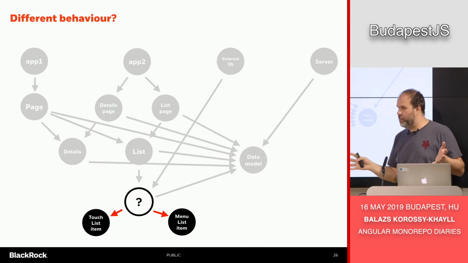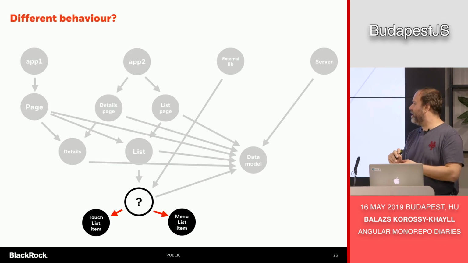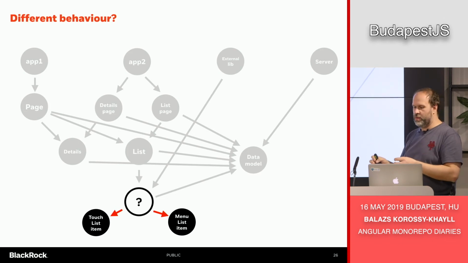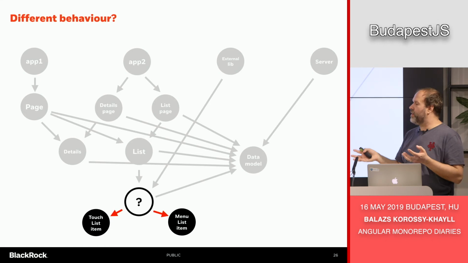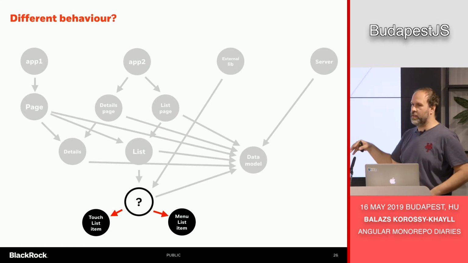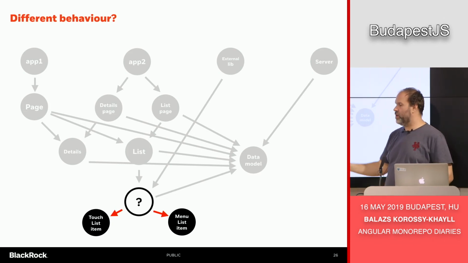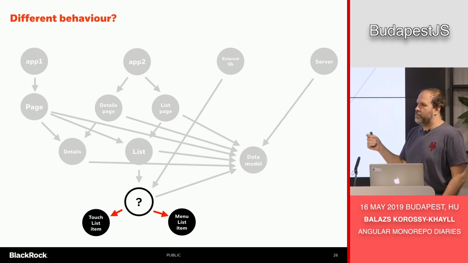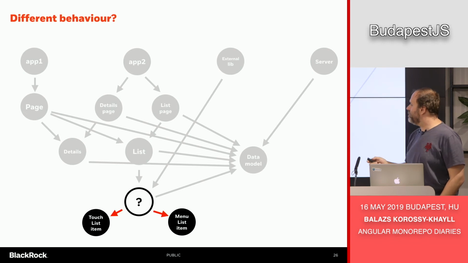You end up with one component that does multiple things, but some of them don't belong to that device. Plus, you might end up with unnecessary dependencies that are going to be bundled with your application. For example, we're using Hammer.js to handle the touch gestures, and that is unnecessary on the desktop, because you just don't use it.